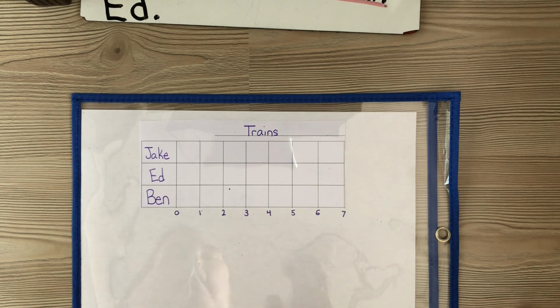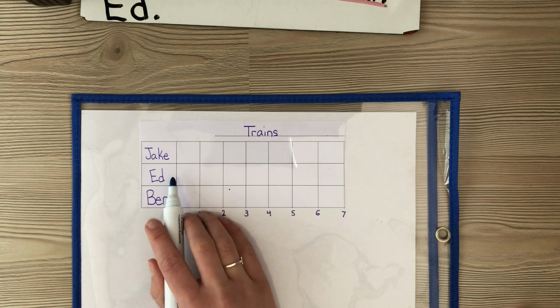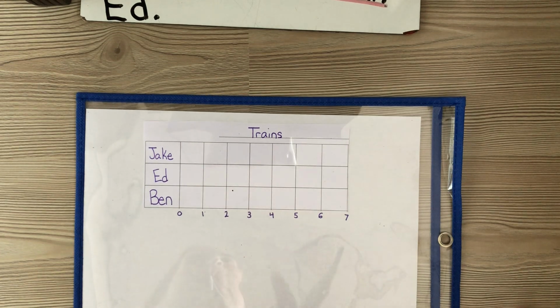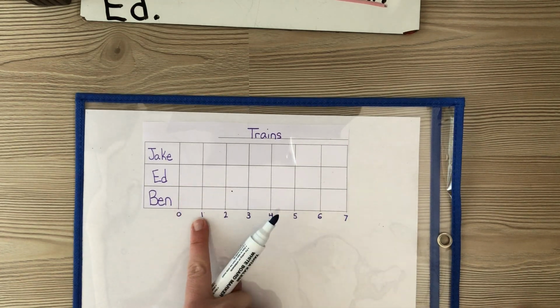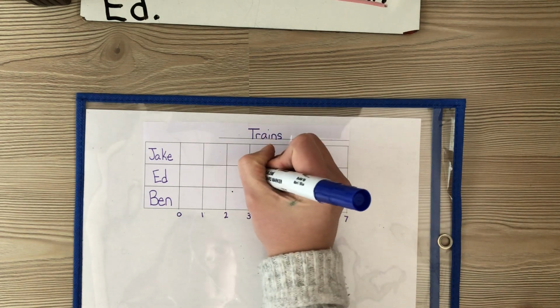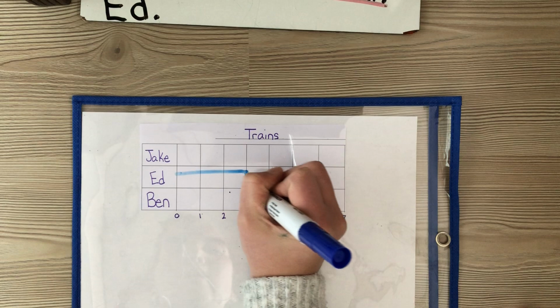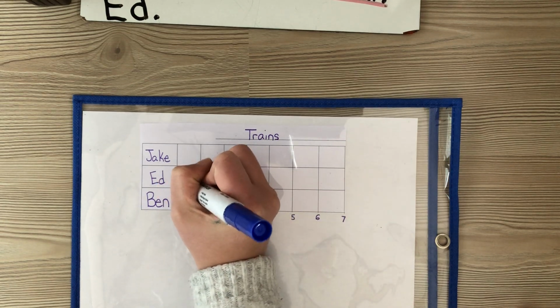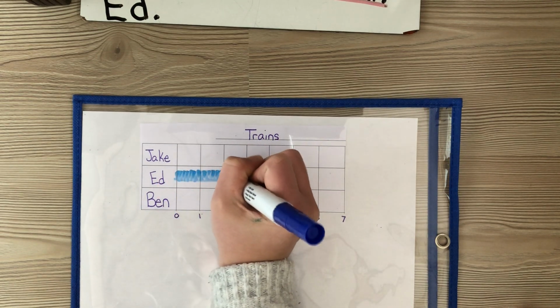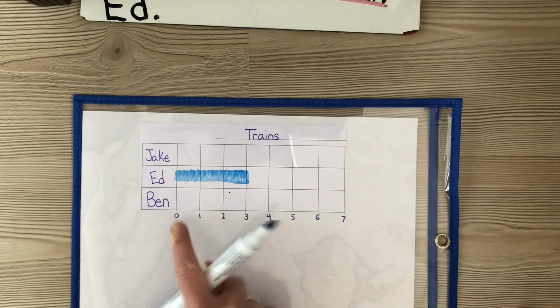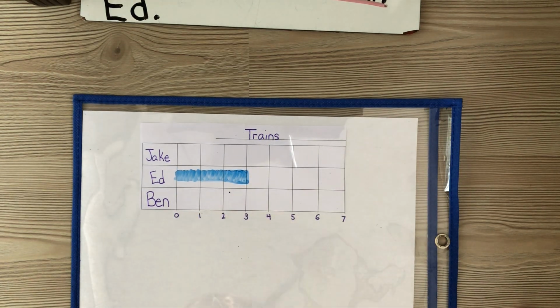With my bar graph, I'm going to color in a bar all the way to show Ed's train cars. 1, 2, 3. So I'm going to draw a line at 3 and draw a bar to show me that Ed has 1, 2, 3 train cars.